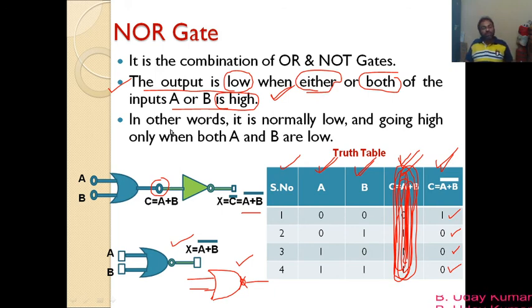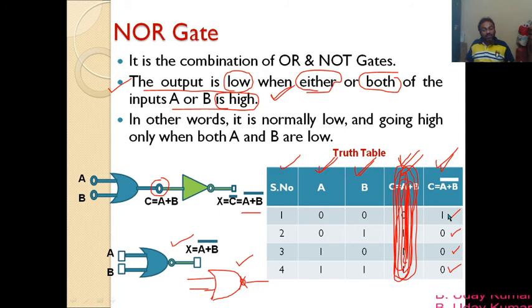Again, there is one more definition that you can write here. And what is that definition? In other words, it is normally low. As I just told you a few minutes back, out of 4 cases, in 3 cases you are getting 0, right? So generally the output is low. Only in one case the output is high.